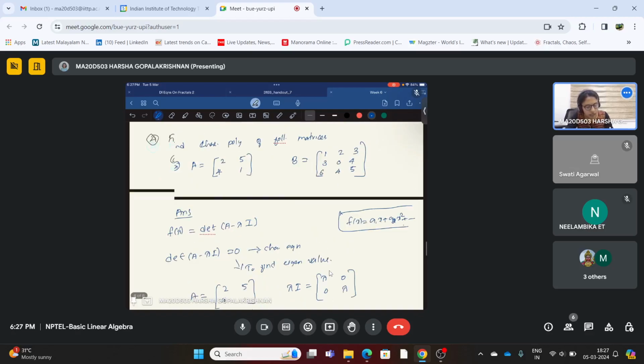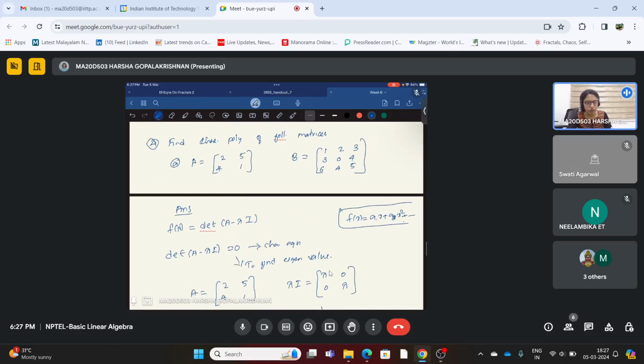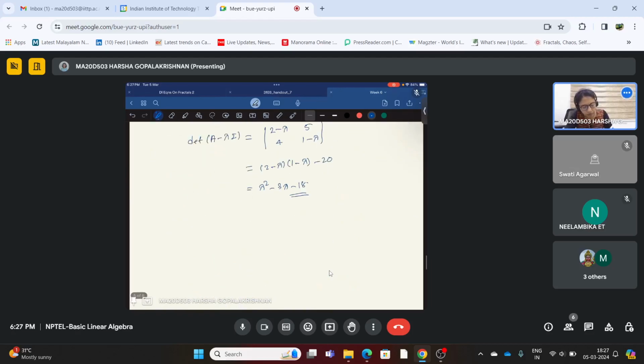And again for B, the characteristic polynomial is the determinant of B minus lambda I. So, 1 minus lambda, 2, 3.